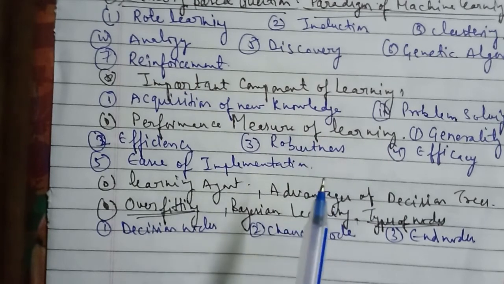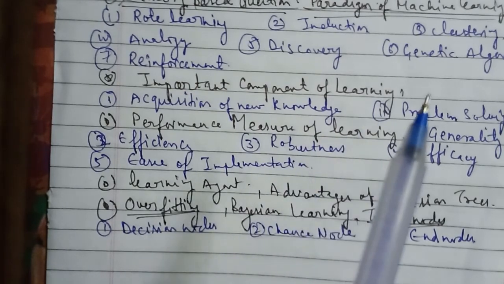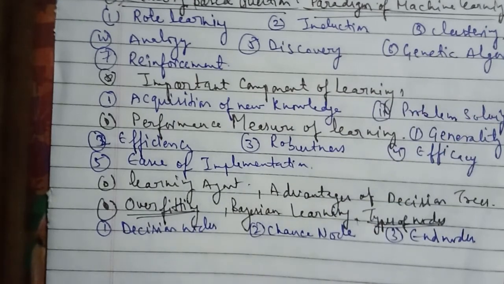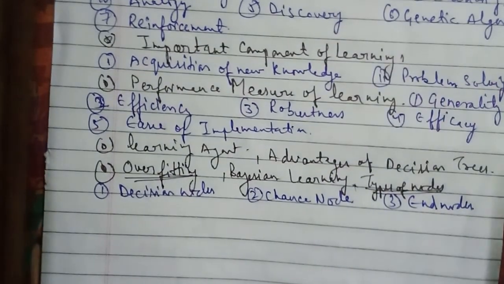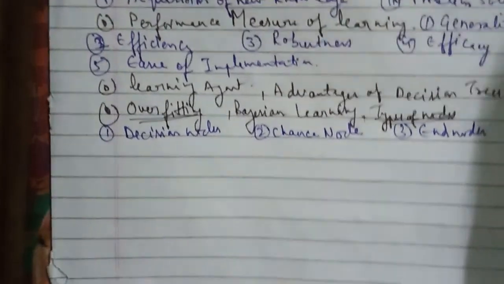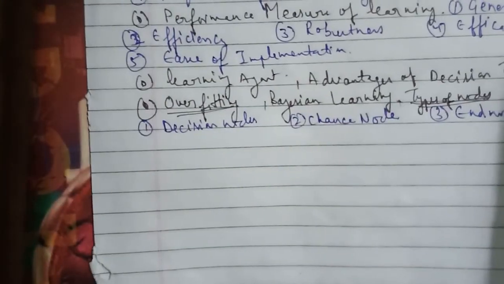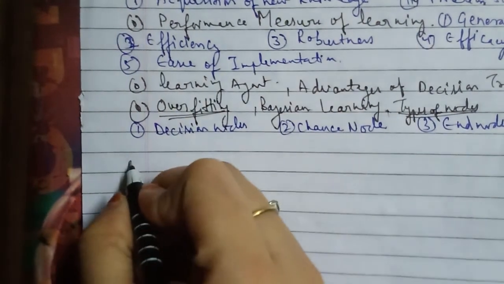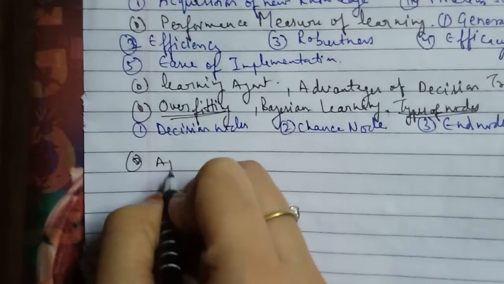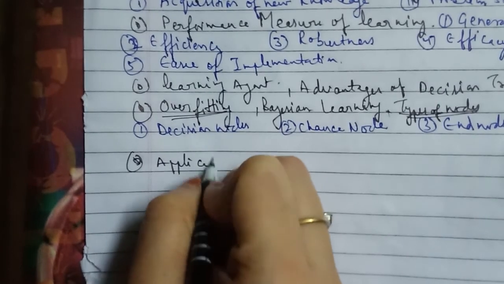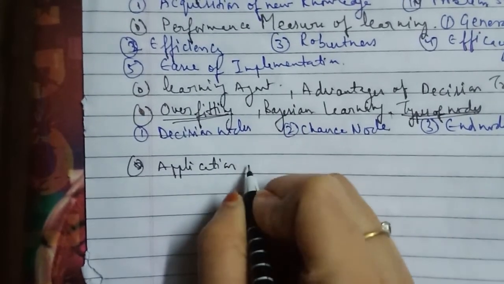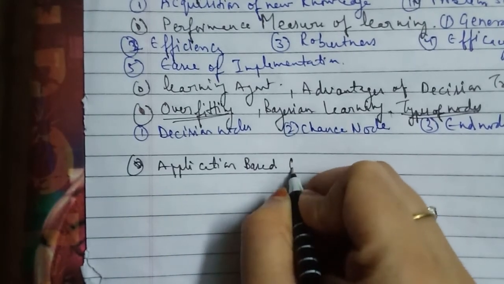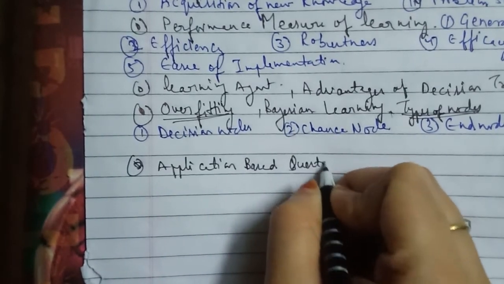In terms of the application based questions, the first question is to depict the learning model with the help of a diagram. There are many diagrams to solve it, and we'll go ahead with the detail as well. So here, the application based questions that we'll discuss.